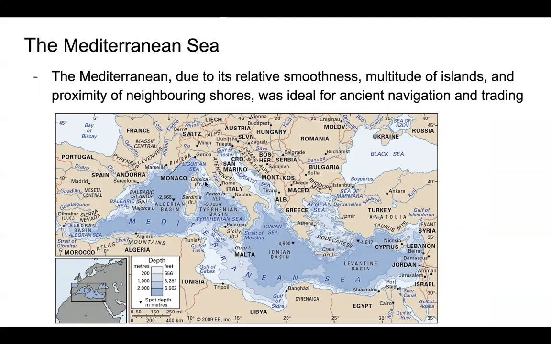And then also, the Corsica, Sardinia, Balearic Islands, Sicily, Crete, Peloponnesian, Cyprus, so on and so forth. Malta as well. And also the proximity of neighboring shores. These all made it easy for ancient navigation and trading. And then when you have trading going on, people can satisfy each other's demand and everyone has a good time, right?